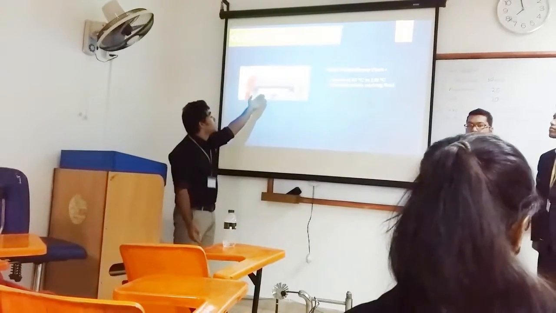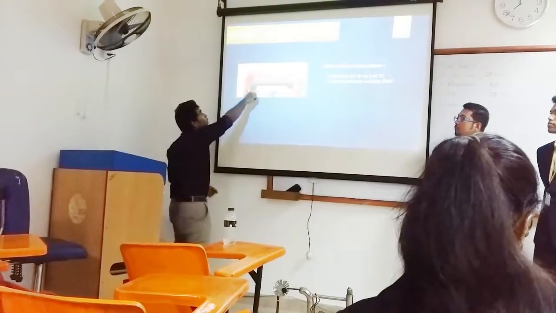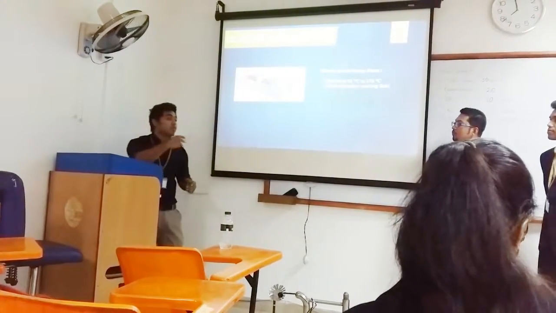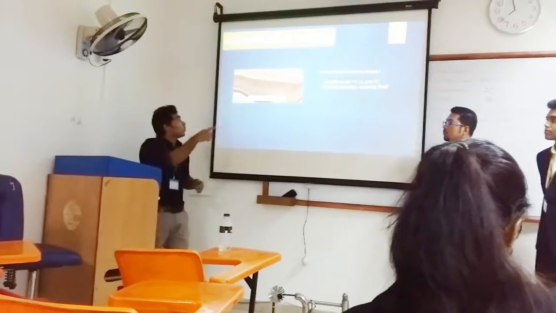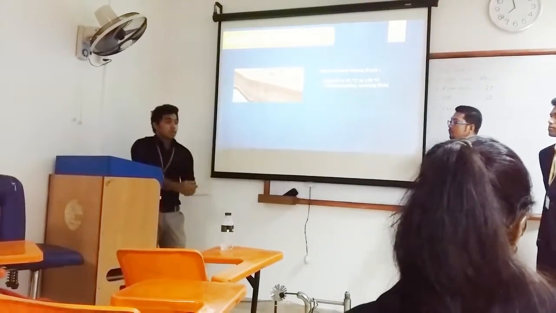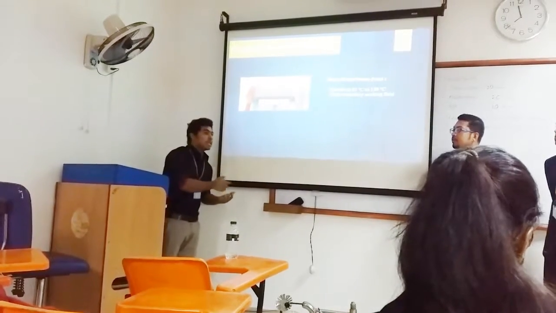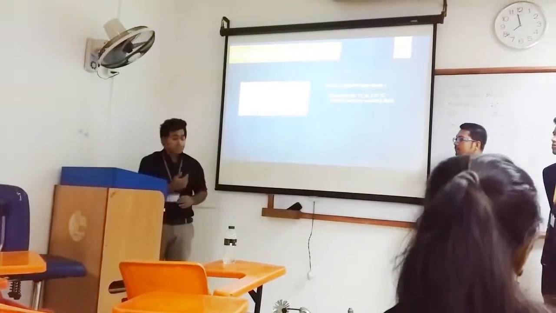This is a heat exchanger. In this heat exchanger, we can see the hot water is going through this panel, and the working fluid is vaporized, and the vapor is directed to the turbine, and the turbine is connected to the generator. That's how the electricity is produced in this system.